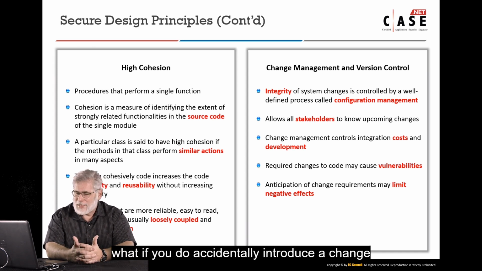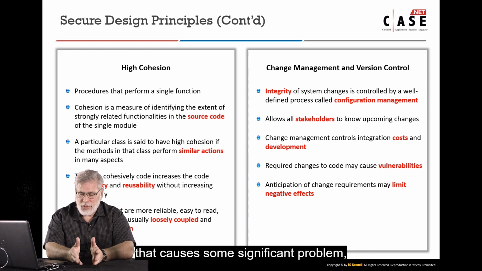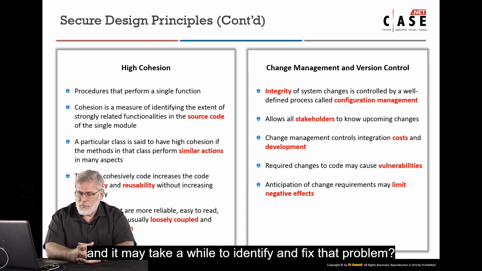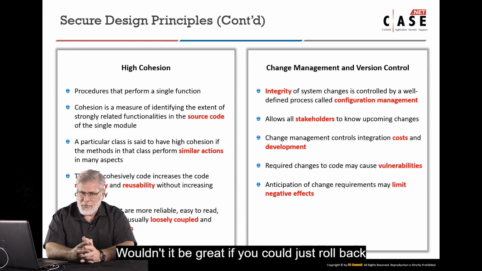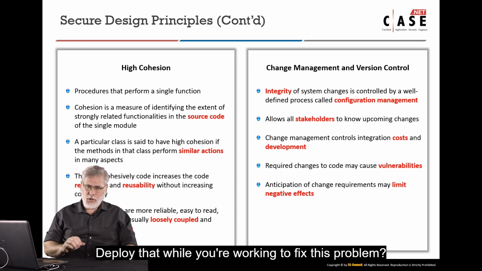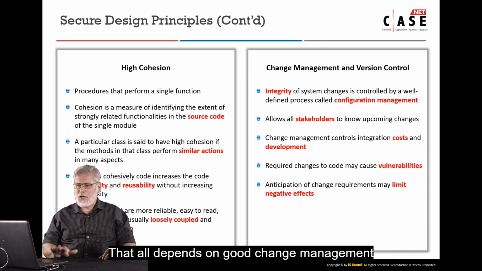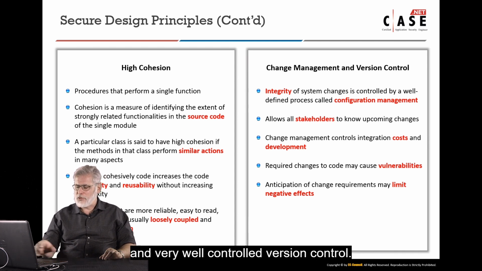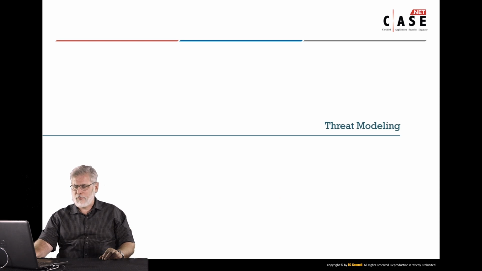What if you do accidentally introduce a change that causes some significant problem, and it may take a while to identify and fix that problem? Wouldn't it be great if you could just roll back to the immediately previous known good working version, deploy that while you're working to fix this problem? That all depends on good change management and very well-controlled version control.